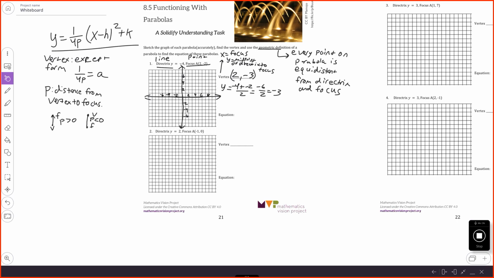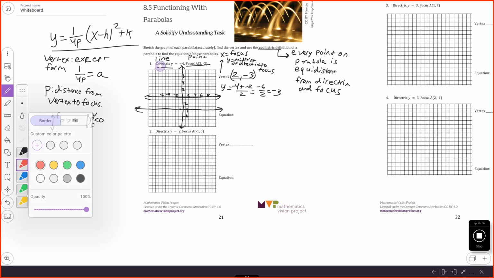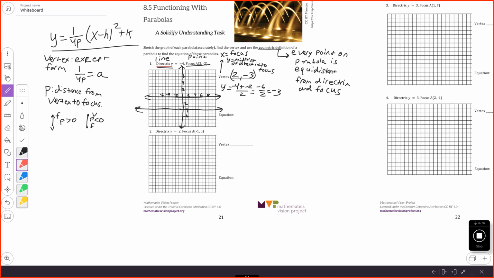So I know y equals -4 is my directrix. I'll draw that in red, and I'll put my focus in blue. So 2, -2 is my focus. And then I'll graph in black. So that has to be my vertex.